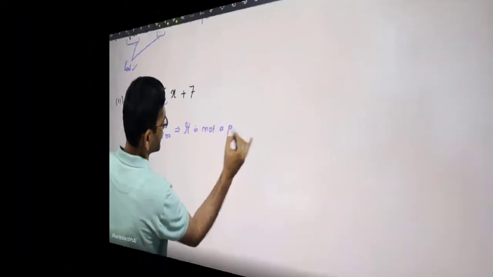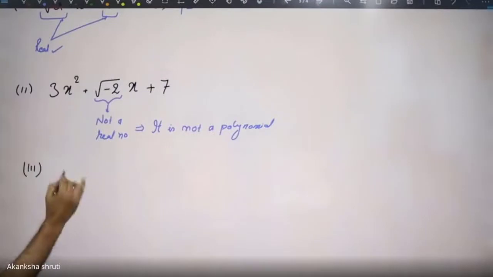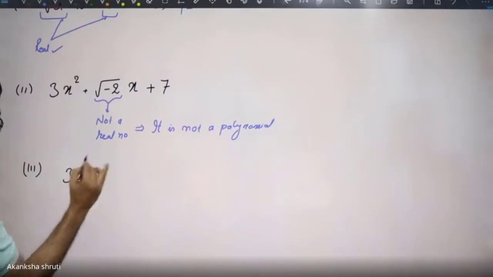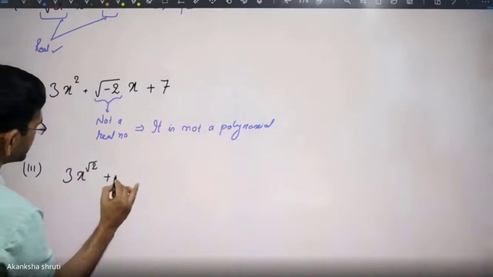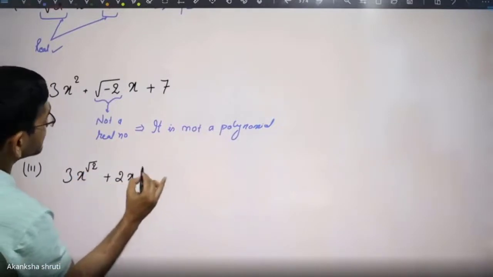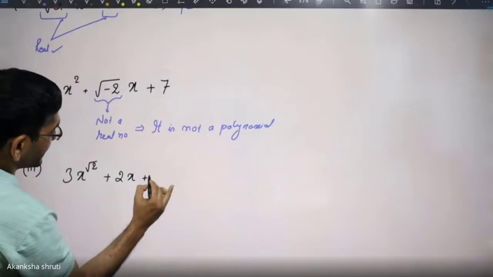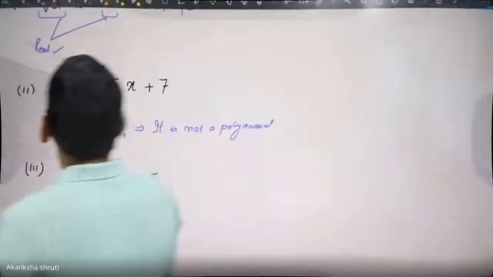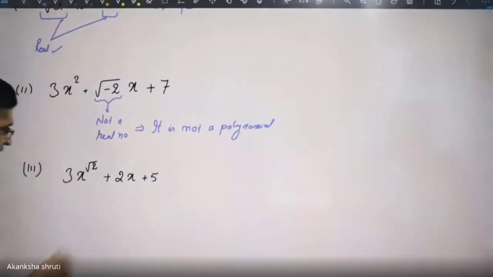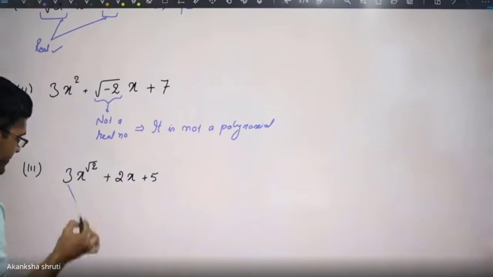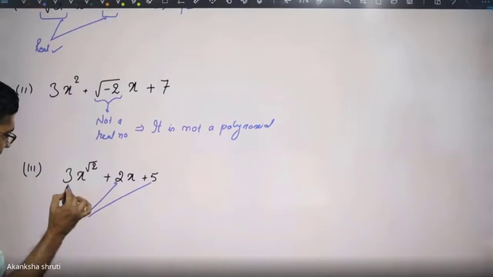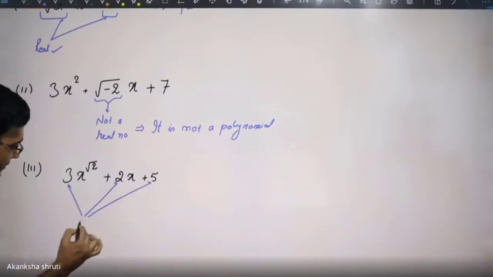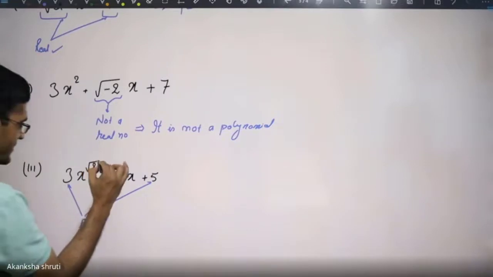Not a polynomial. The third one, let me take 3x root 2 plus 2x plus 5. Student, you have to pay attention here. See, these are all real. But this itself is not sufficient. Why?